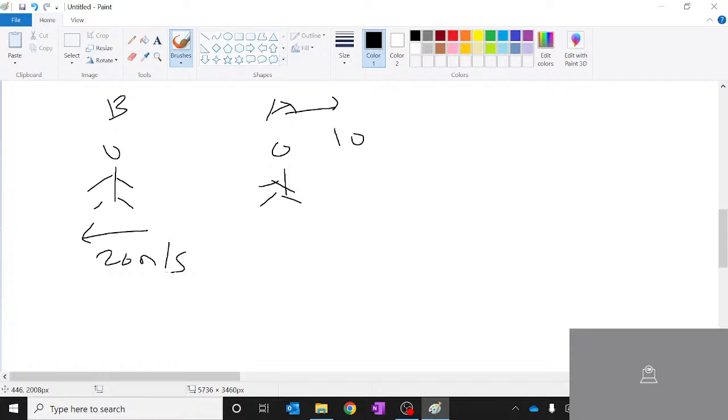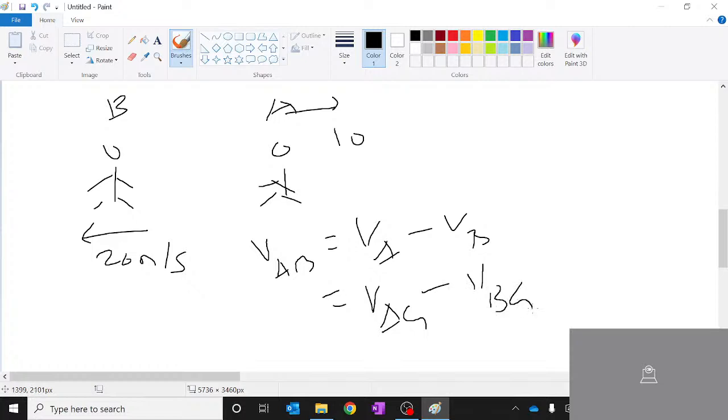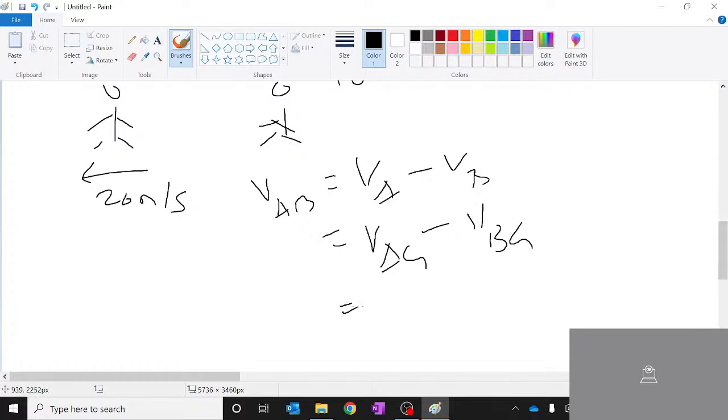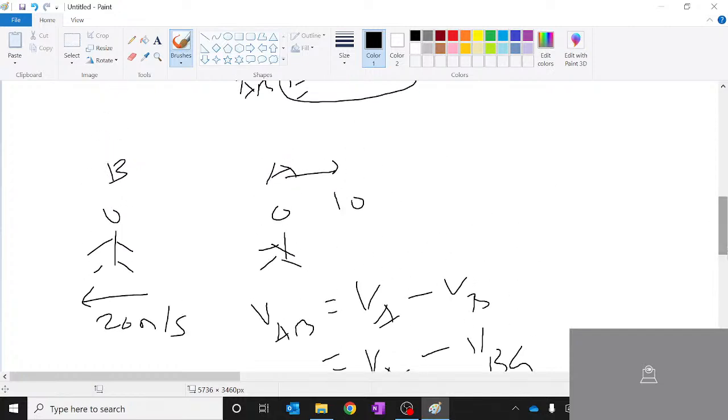Now what will be the velocity of A with respect to B? It is nothing but VA minus VB, which is VAG minus VBG. What is velocity of A with respect to ground? It is 10. A is moving 10 towards right.